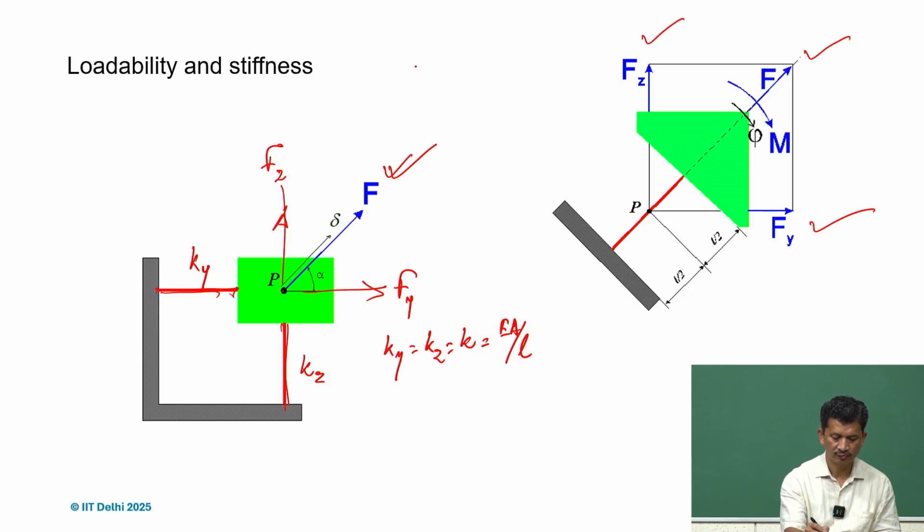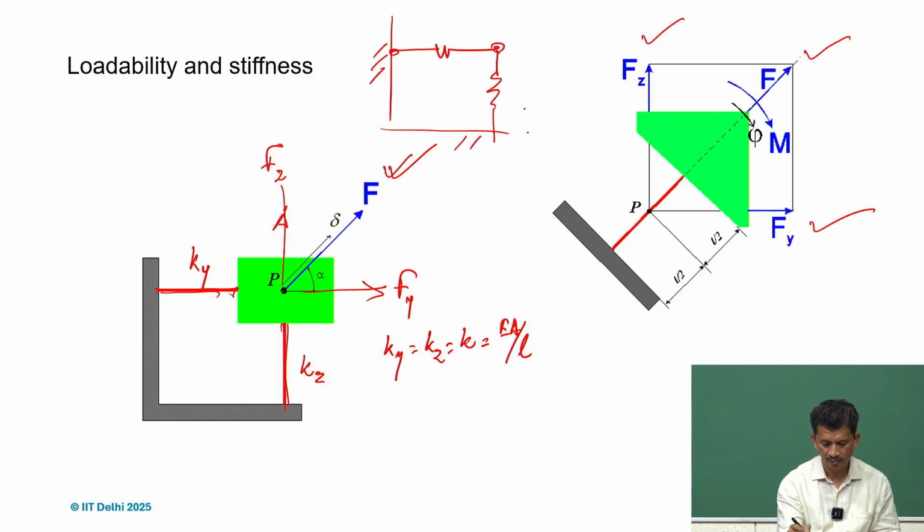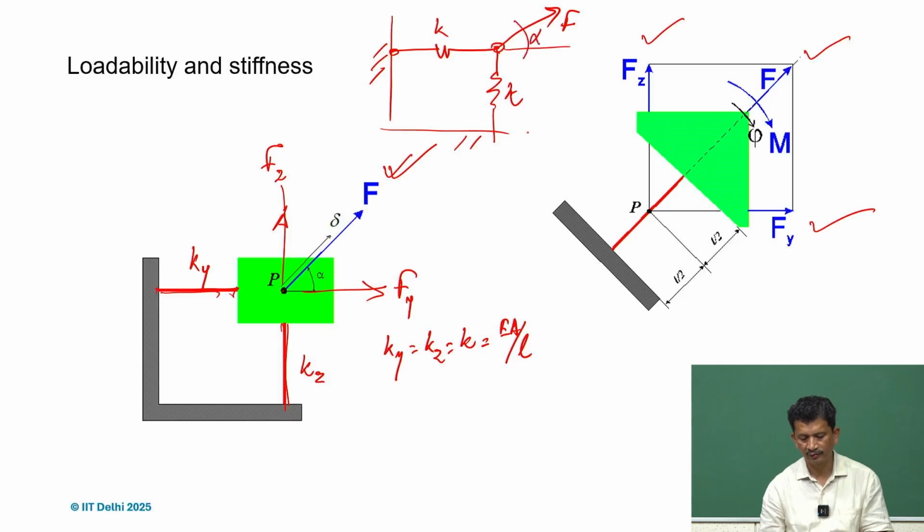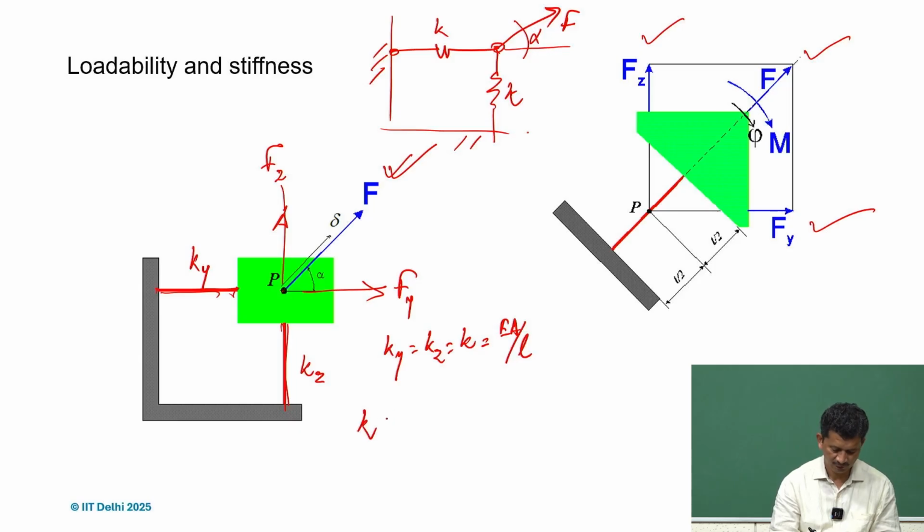So if you try to make the equivalent diagram, same k, and for any force F at an angle alpha, what we realize is that the stiffness experienced by F, call it K as a function of alpha, which is F over delta.